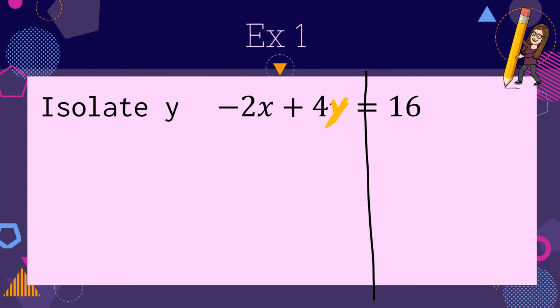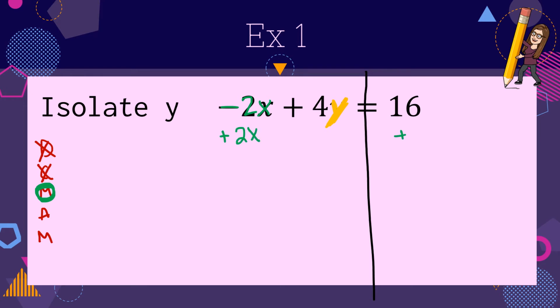Now, if I think of my 5 solving steps, remember our acronym from our previous video? I don't have any distribution. There's nothing I can combine on the left or right side, but I am going to move a variable by addition or subtraction. And the variable I want to move is the letter that I need to get rid of. So right now I see a subtract 2x, so I'm going to add 2x.